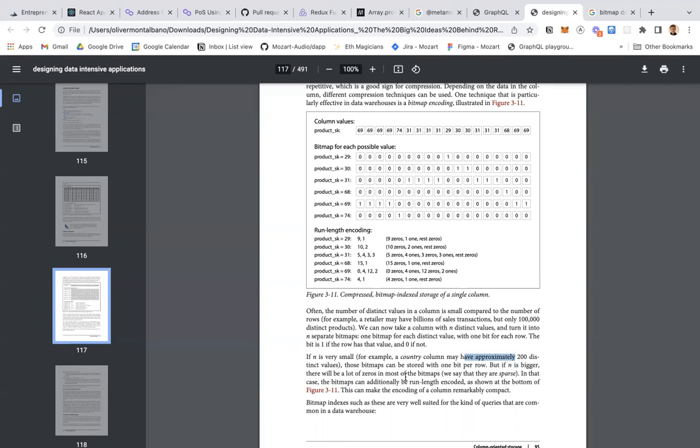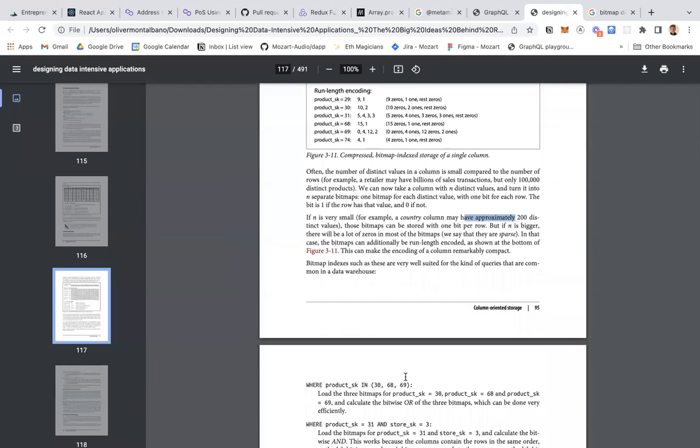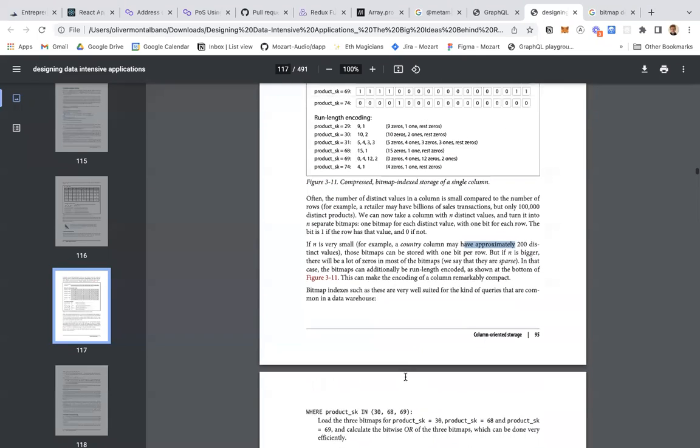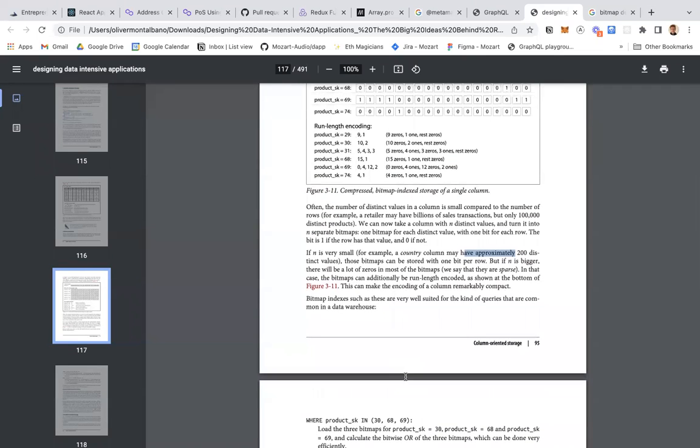I guess my answer was the bits are smaller units of information to store as opposed to whatever it was originally, right?